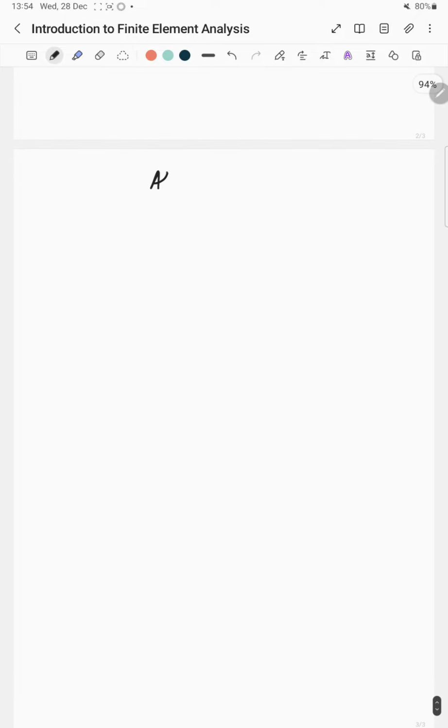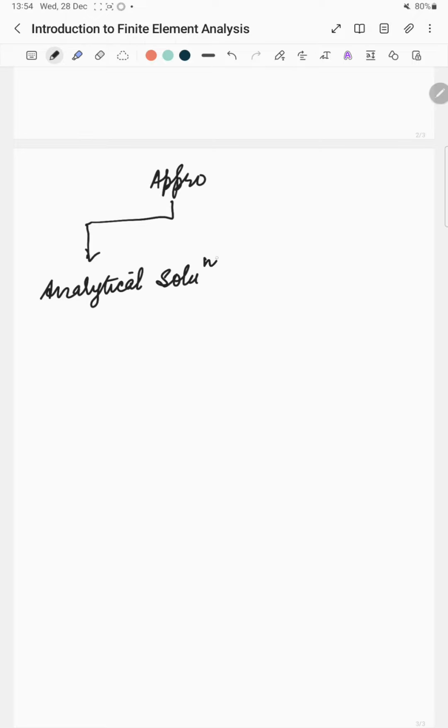Again, the approximate solution can be arrived at in two ways. We can get an analytical solution, where we can have formulas, say an infinite series.